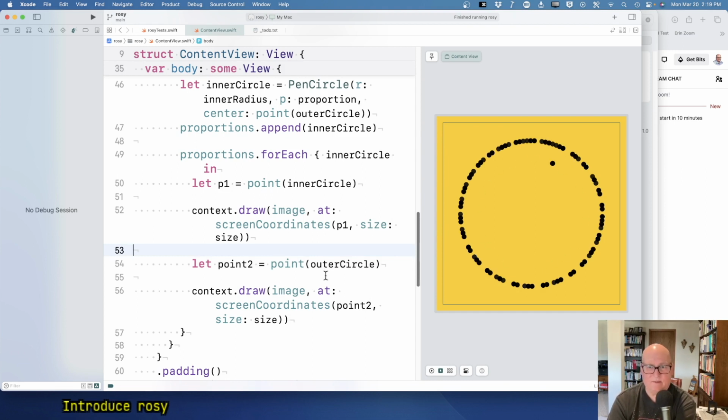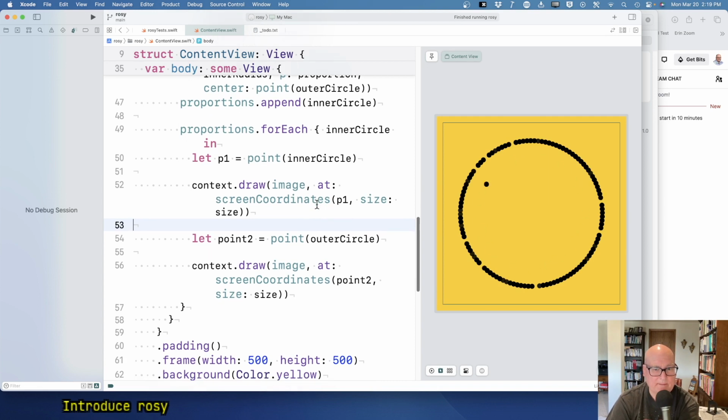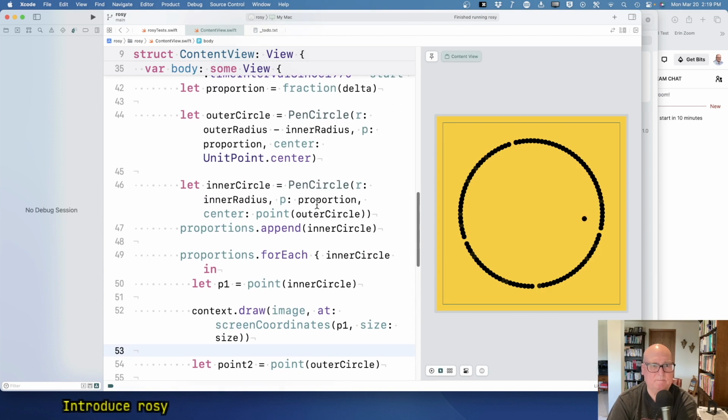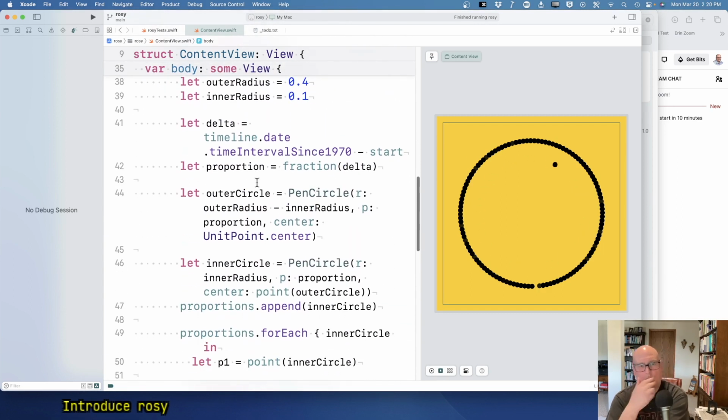Okay, something's going on. So that's the inner circle. It's like he's got his pen locked at the outside, doesn't it? Well, we could see it sweeping around and filling it in. I don't know.